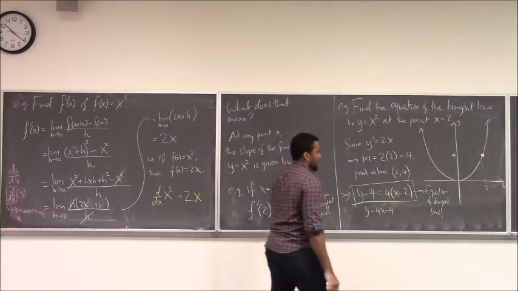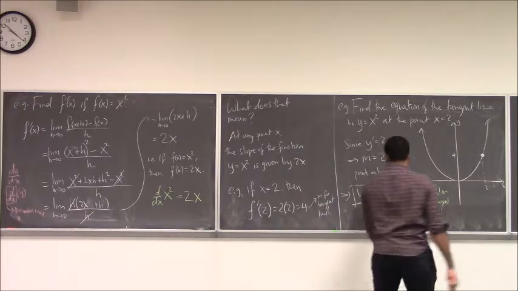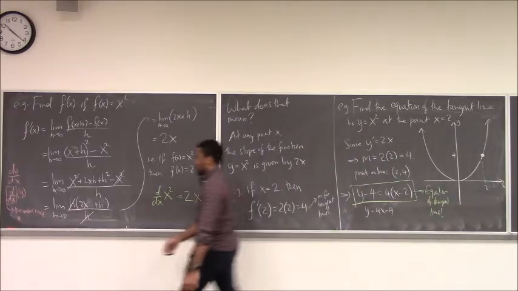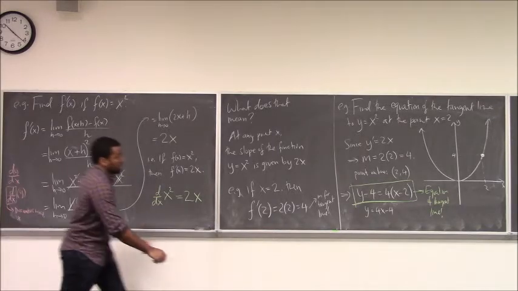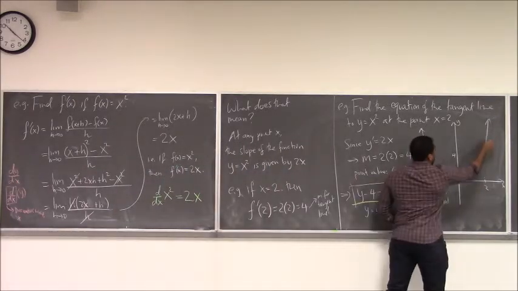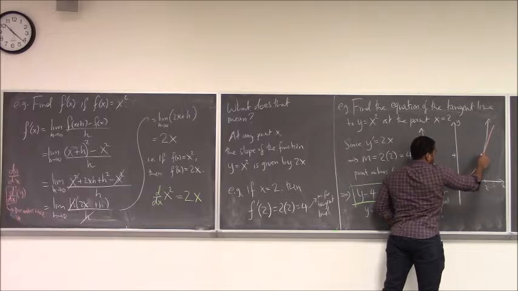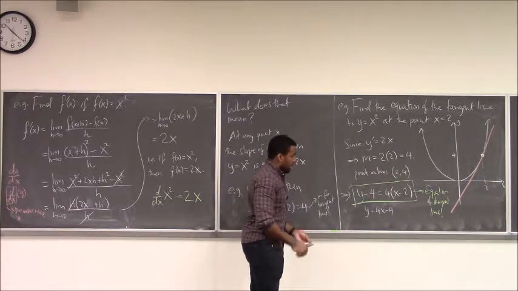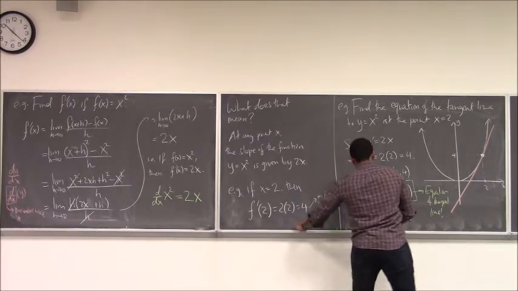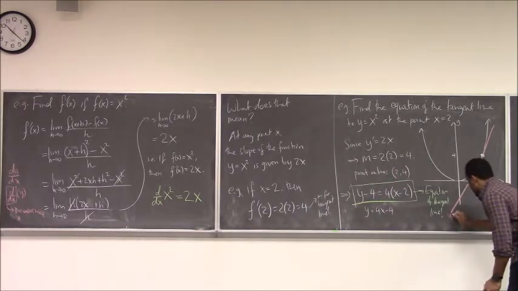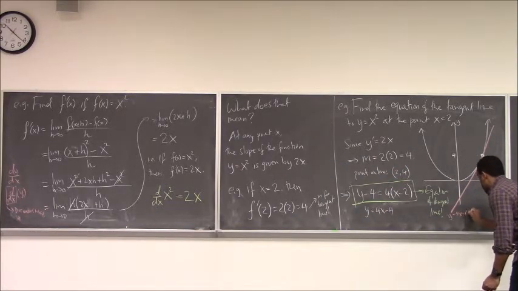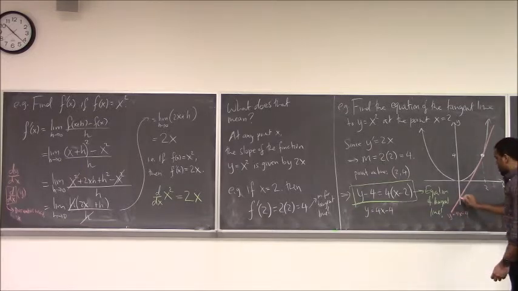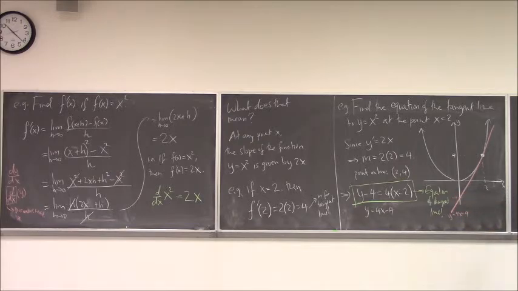And so someone would ask, if we were to draw a tangent line there, what would be the equation of this line? Well, the equation of that line is going to be y equals 4x minus 4. So it's going to pass through the point minus 4 here. The slope will be positive 4.